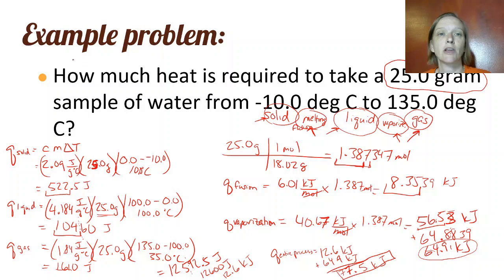But basically, the Q value for the entire process is the sum of the heat for the solid, the heat required for the liquid, the heat required for the gas, the heat required for the fusion process, the melting, and the heat value for the vaporization. So there are a lot of parts to it, but the process isn't as bad as it may look at first.